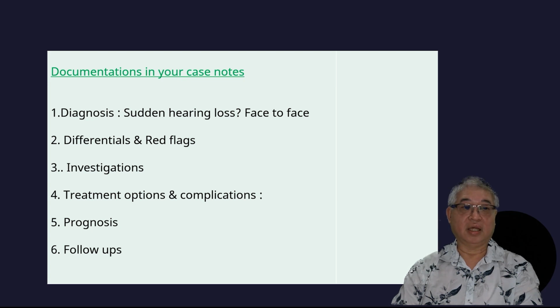In her case, we did an MRI brain just to rule out any tumors in the brain and also rule out any cerebral vascular events that can contribute to the sudden sensory neural hearing loss.